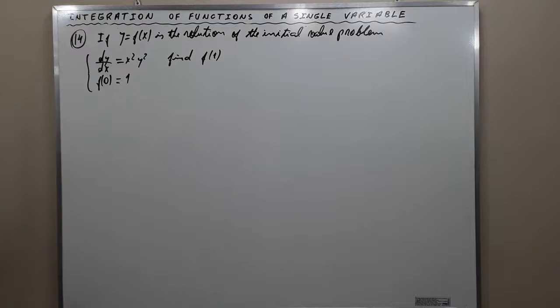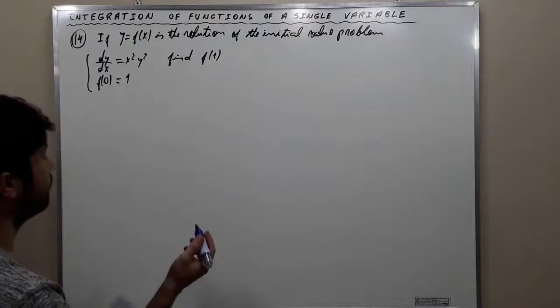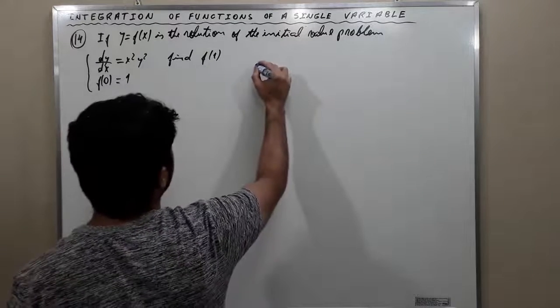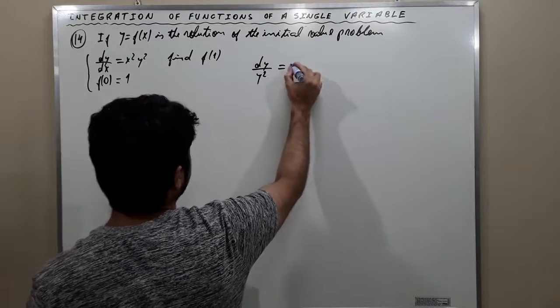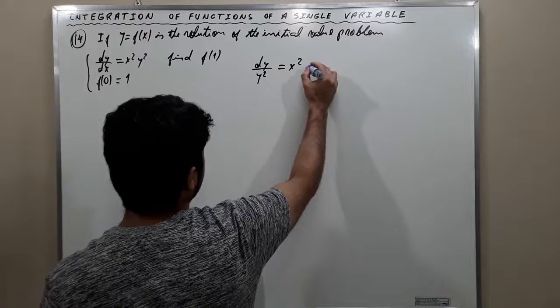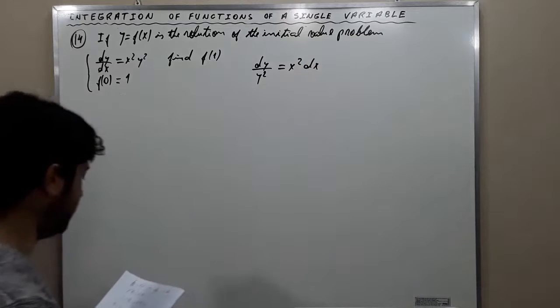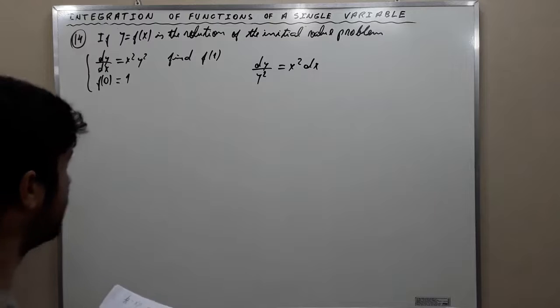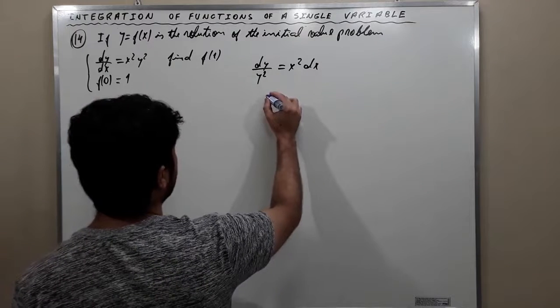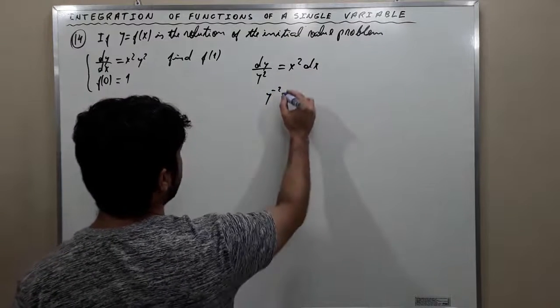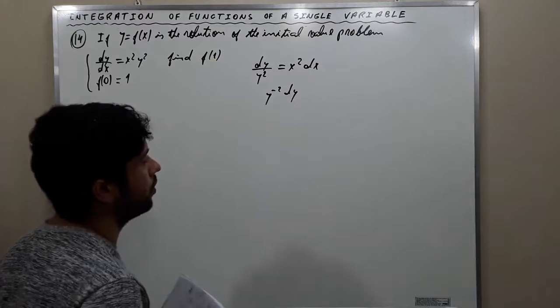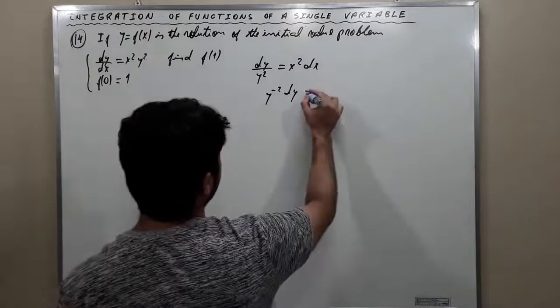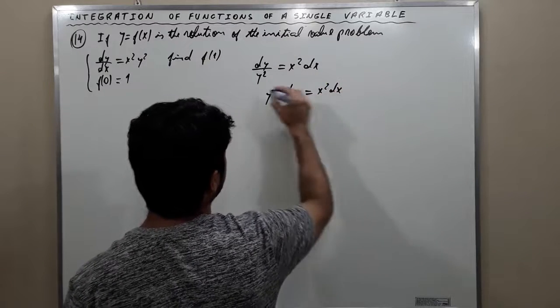Let's go to the solution. The exercise gives us this, and we are going to convert it into dy over y squared equal to x squared dx. We can write it a little differently: y raised to the power of -2 dy is equal to x squared dx.